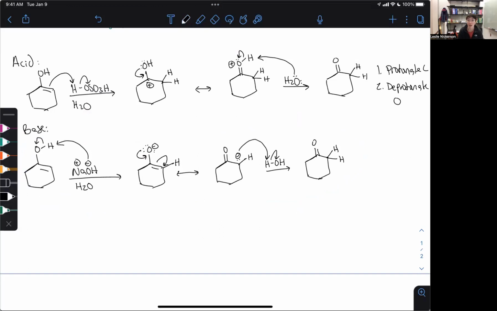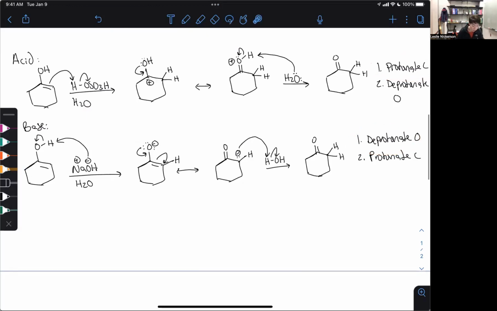Okay, in the base, we do those things exactly flipped. So the first step we did here was we deprotonated the oxygen. And then we protonated the carbon. Okay, because if we're in acid, we should be protonating our substrate. If we're in base, we should be deprotonating.